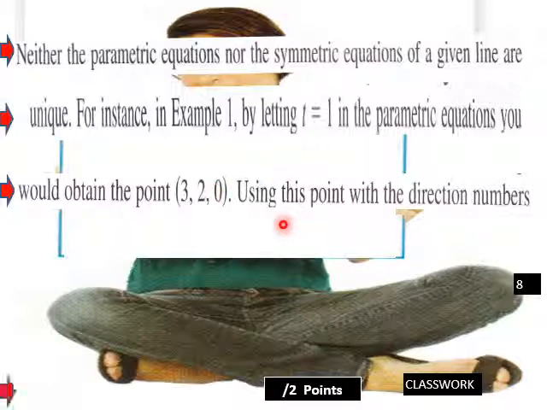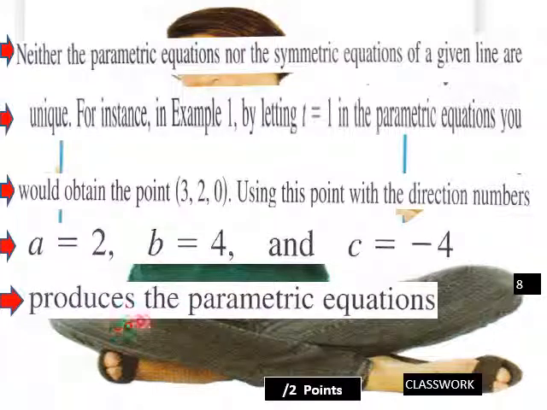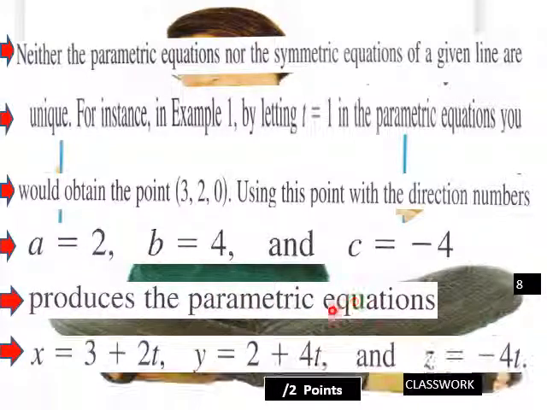Using this point with the direction numbers a, b, and c equal to 1, 2, and 3 produces the parametric equations x equals 3 plus t, y equals 2 plus 2t, and then z would just equal 3t.